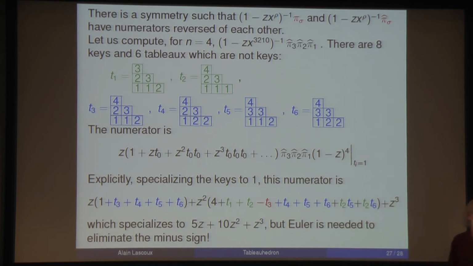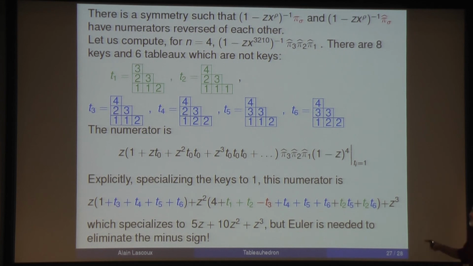But you have fewer terms when you use pi hat. So here I take the staircase polynomial, and I apply pi 3, pi 2, pi 1. And what I get are, in fact, restricted sums of tableaus, because all the tableaus are built with these 6 tableaus and the key tableau.